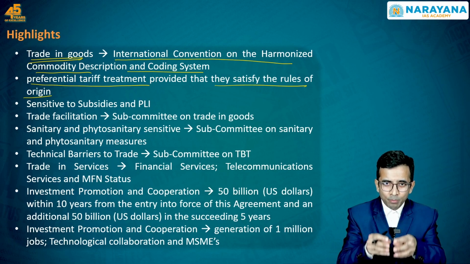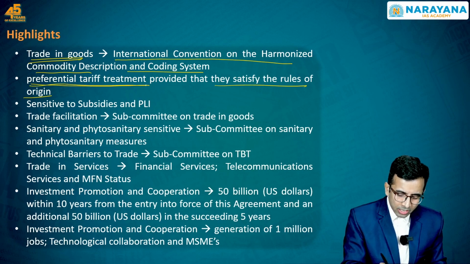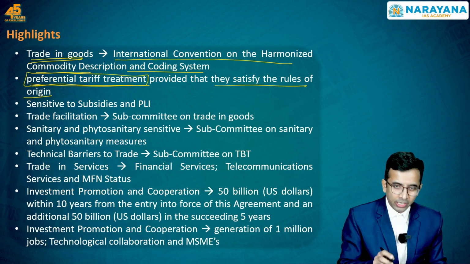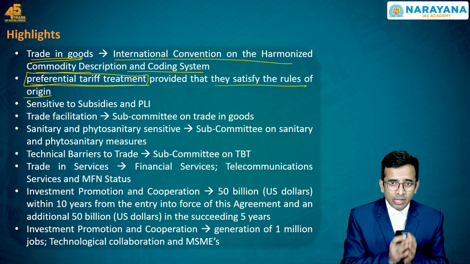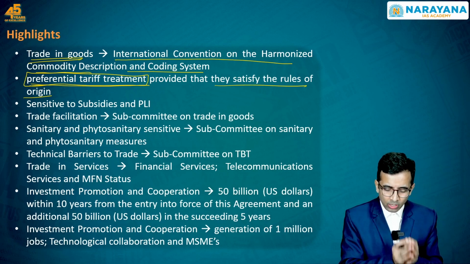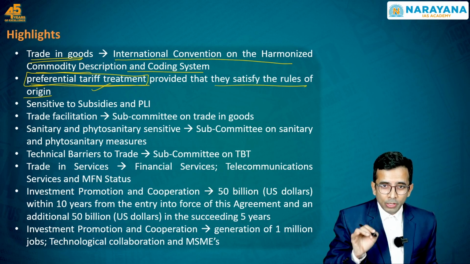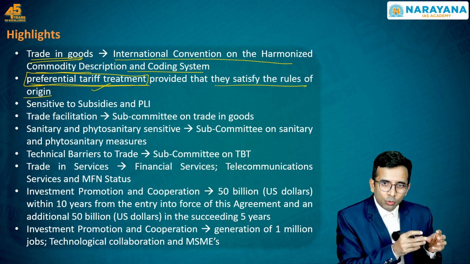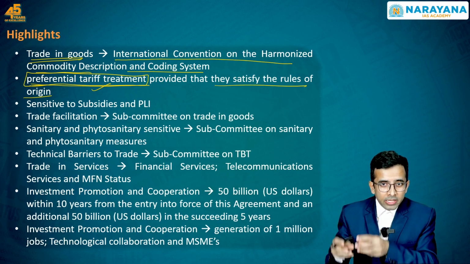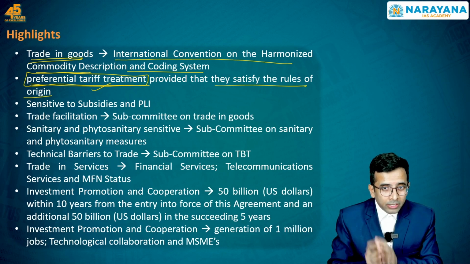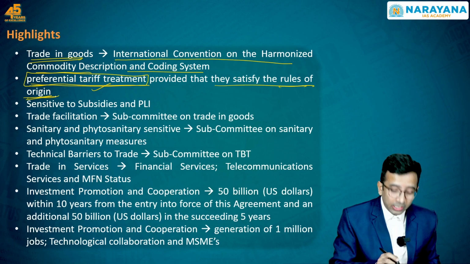As they have become parties to it, they will have preferential tariff treatment, which is not applicable to sovereign entities which are not parties to this agreement. The preferential tariff treatment is possible only when you can establish that a particular good has its origin from the sovereign entity which is party to this agreement. This is what the rules of origin indicate.